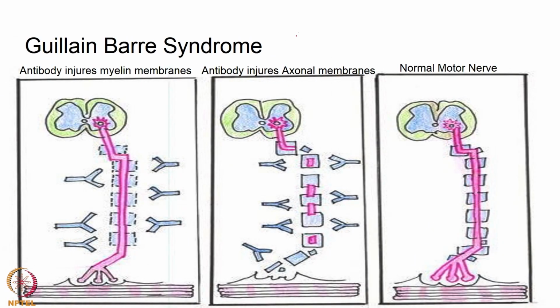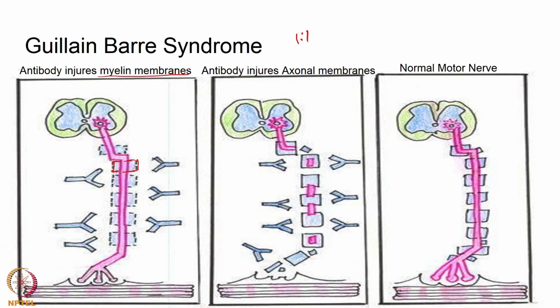Now, if this is what happens in the central nervous system, what could happen in the peripheral nervous system? In the peripheral nervous system, we said that the myelination happens in the ratio 1:1. So, one Schwann cell myelinates one axon, this is what we said, but that does not by itself protect the axon, because it is possible for that Schwann cell to be killed, say by an autoimmune reaction.